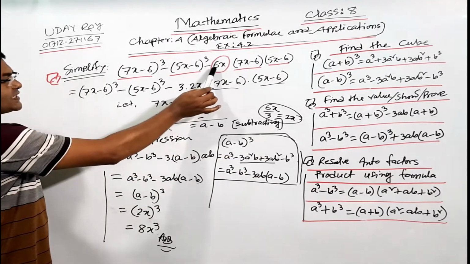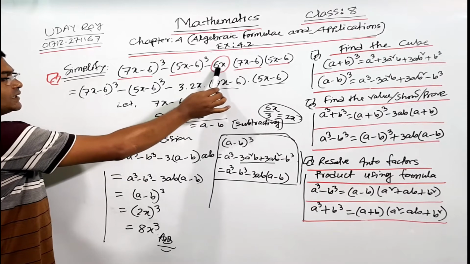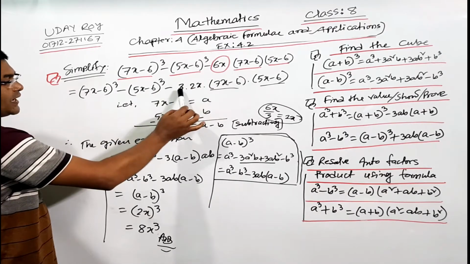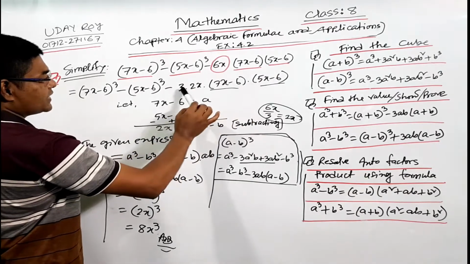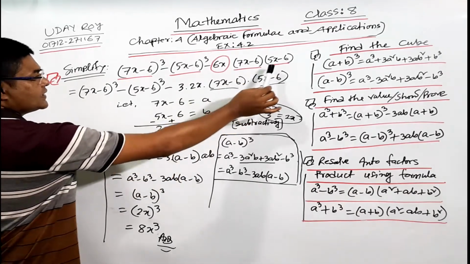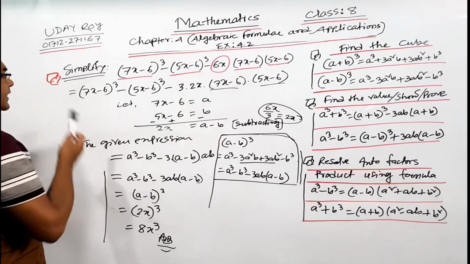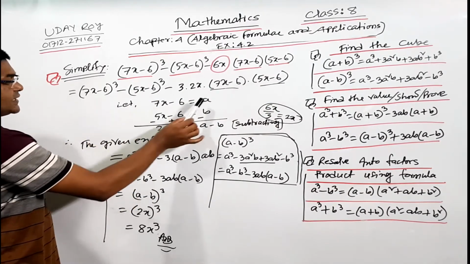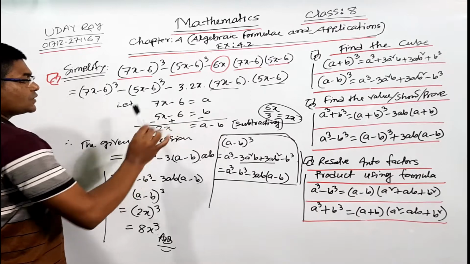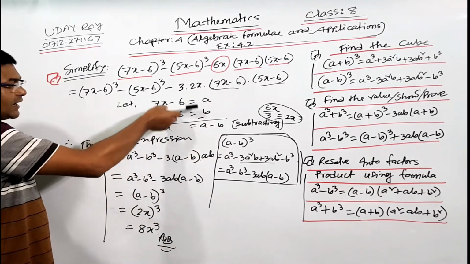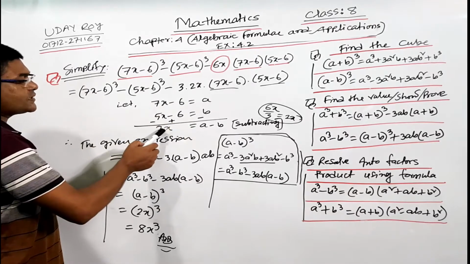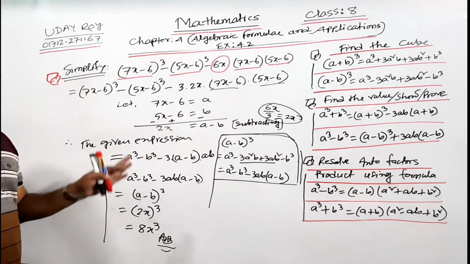Here 3 is missing, so I have taken 3, and I have got 2x in this way. Let 7x minus 6 equal to a, this equal to b. How is it possible to get 2x? Subtracting a and b, we get twice x equal to a minus b.